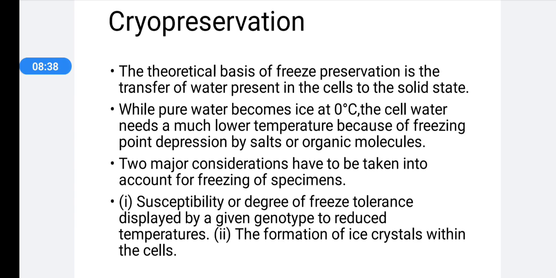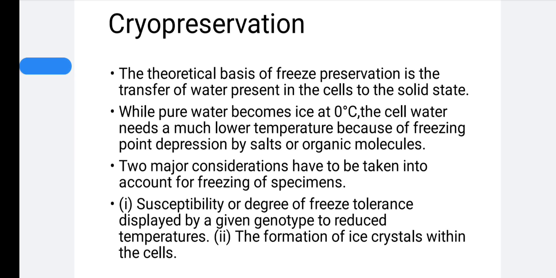The first method is cryopreservation. So cryopreservation means freezing, that is freeze preservation. So the water present in the cells will be converted into solid state. We all know water becomes ice at 0 degrees Celsius, but in the case of cellular fluids or organic molecules and all, they need a lower freezing point because of the freezing point depression.